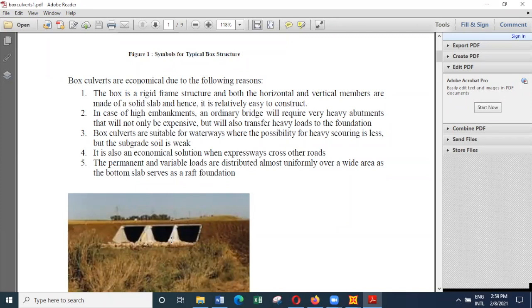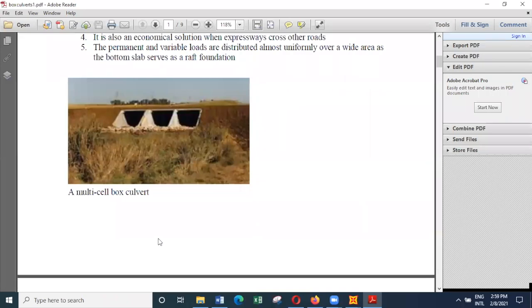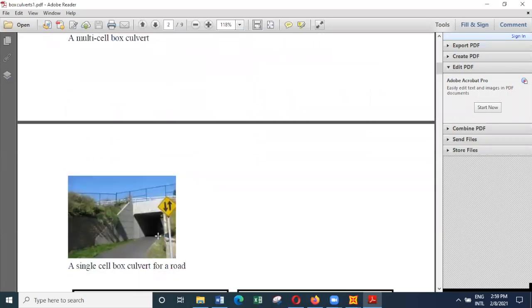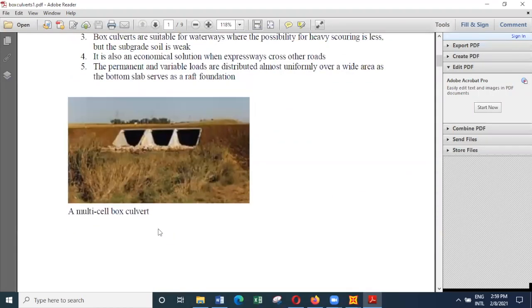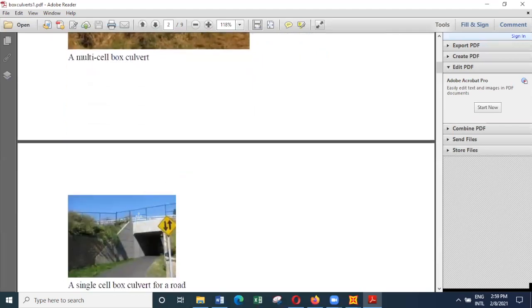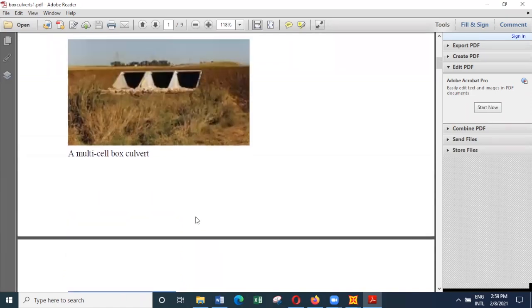But if you are sure that the flow is not going to cause a lot of scouring, then box culverts can be used, and there are a few advantages. And also these days box culverts are used a lot when we construct motorway expressways. When you are constructing expressways, we still have to allow people to go through the expressway. For that, box culverts can be used.